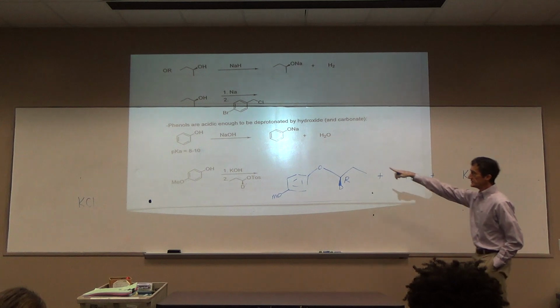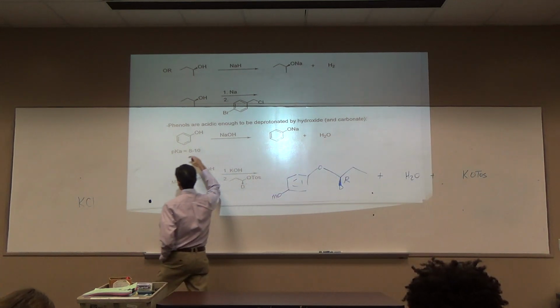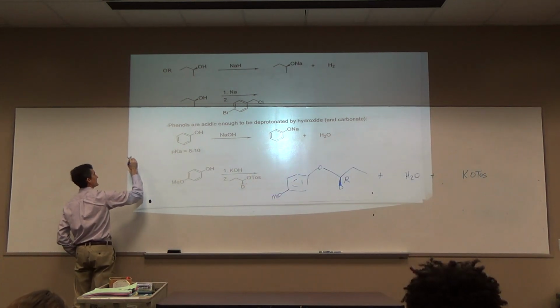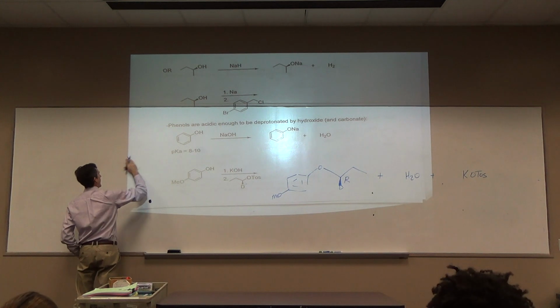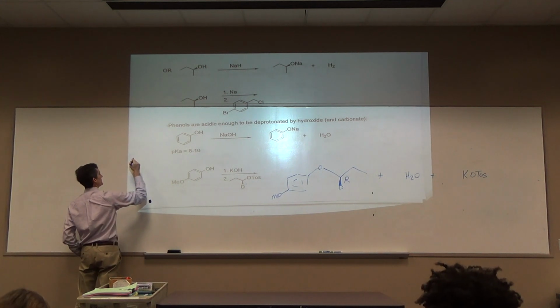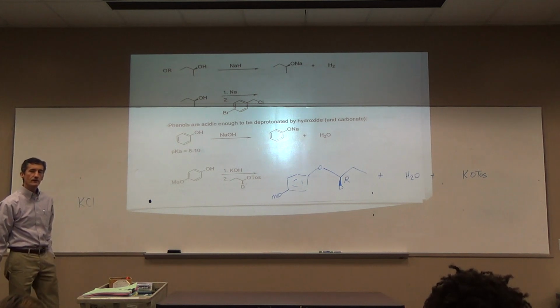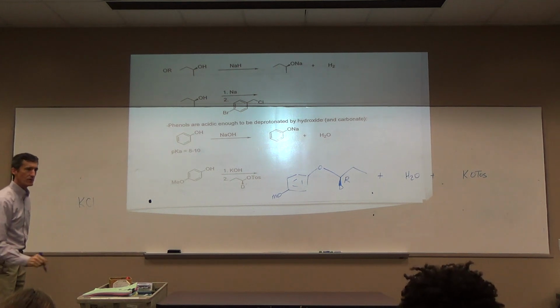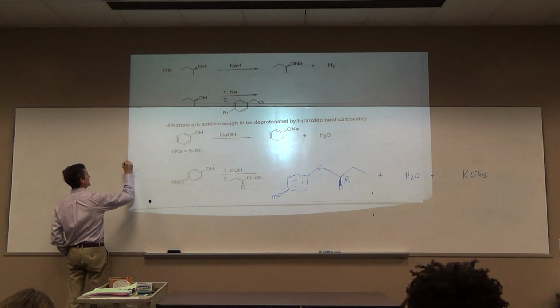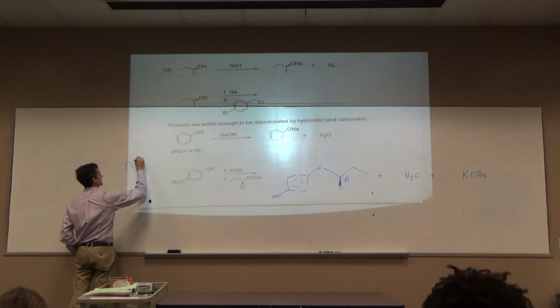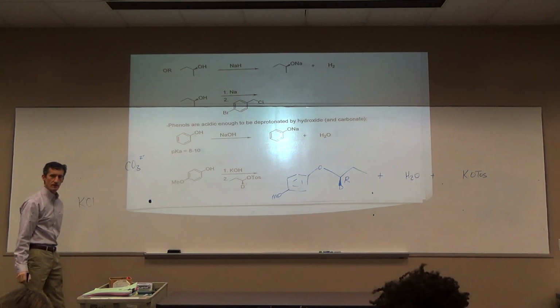Okay, in addition to hydroxide, you can also use other weaker bases such as carbonate. What's the formula for carbonate? Gym chem, right? Remember carbonate? CO3 2 minus.